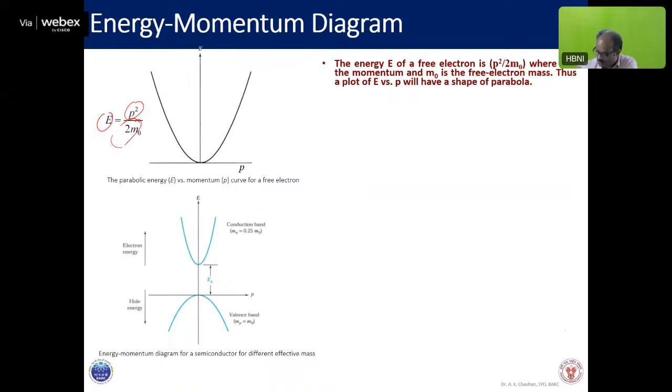So when I say that certain E's are not allowed, what does it mean? That certain P's are also not allowed. The momentum, that means it cannot move with all the possible energies. Ideally it should be this, but it is not the same case in the conventional way we are thinking.